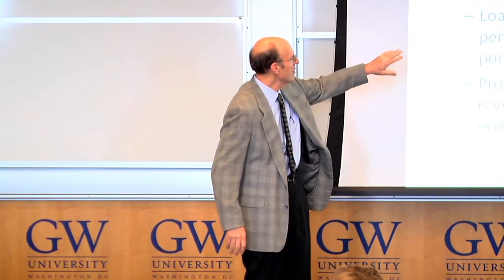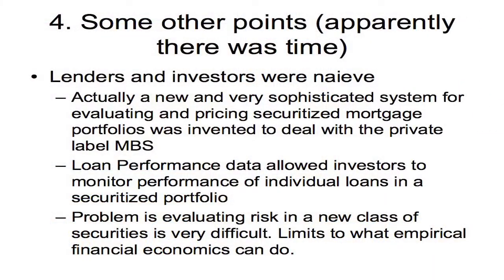What happened in the CMBS and private label MBS market is that Loan Performance arose. Loan Performance gave you data, and this is a wonderful research opportunity for us, on every single mortgage that was packaged together. It gave you all the underwriting information. Not only that, it updated the payment information every single month, and it updated the FICO score.